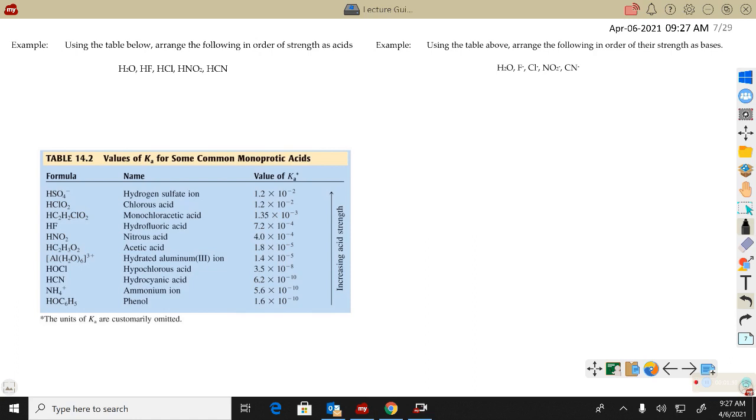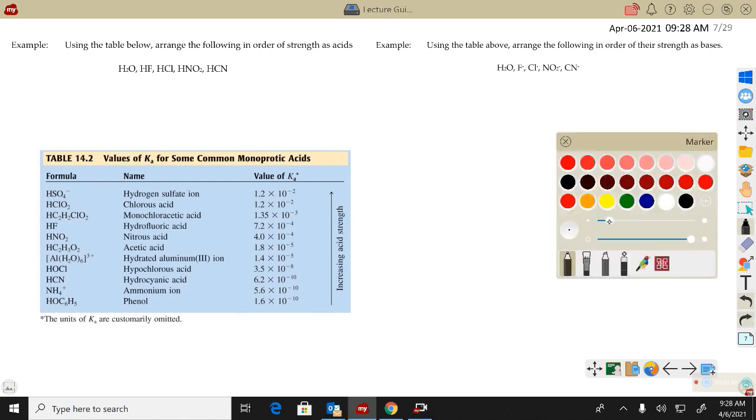And so I do have a table here of Ka values, and one great way of ranking these acids would be to look at increasing Ka. Now, the first particle listed is actually water. And water doesn't really have a Ka. Water has a Kw. Let's make that a little skinnier.